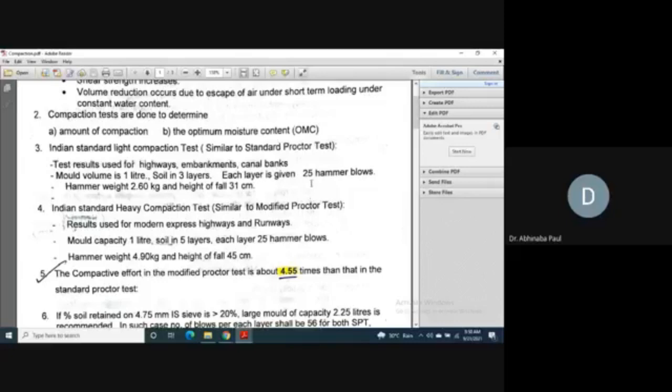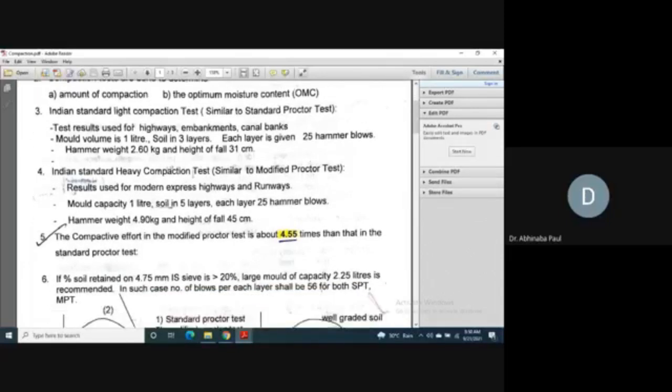Each layer is given 25 blows. Hammer weight is 2.6 kg and height of fall is 31 centimeter. Because you have already done this, it can easily be understood. So this was for standard Proctor compaction or light compaction.